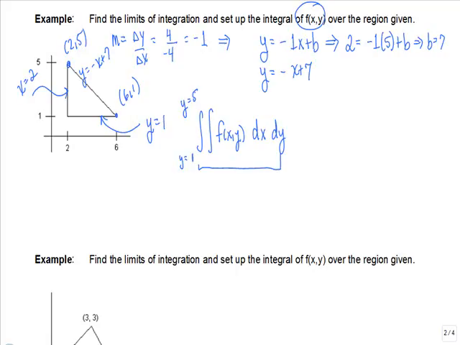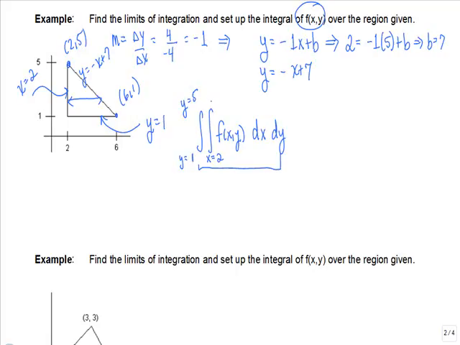Now to do the inner limits, I do x limits. And so I look left to right, and I notice the left function is the vertical line. So that's the vertical line, x equals 2. And the right side is the diagonal line. Now I can't use y equals negative x plus 7. I have to solve this so it's x equals.